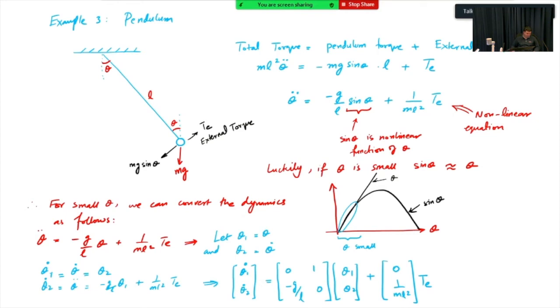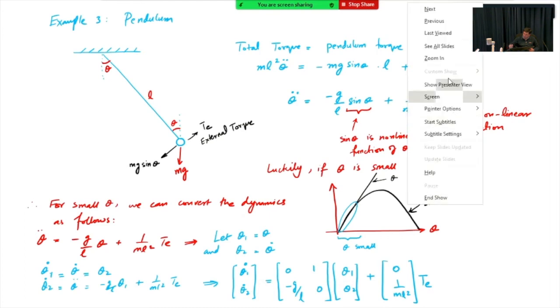So generally this is the problem that you will see in a lot of situations, that control systems are nonlinear, right?